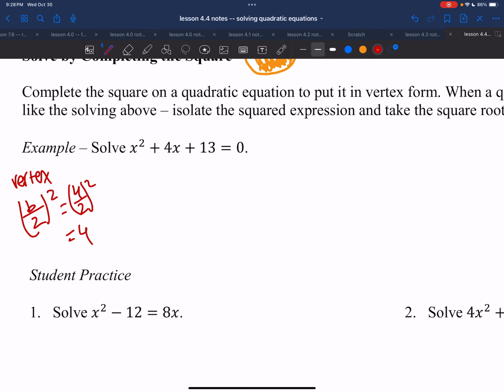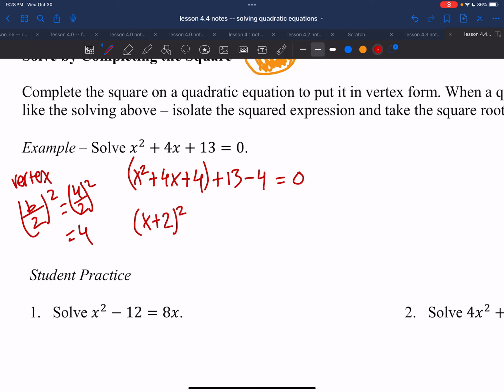So, in review of completing the square, I add 4 next to those first two terms, like so. Then there's my plus 13, and then I subtract 4, and this gets me 0, right? Then this trinomial is a perfect square and factors as x plus 2 quantity squared.